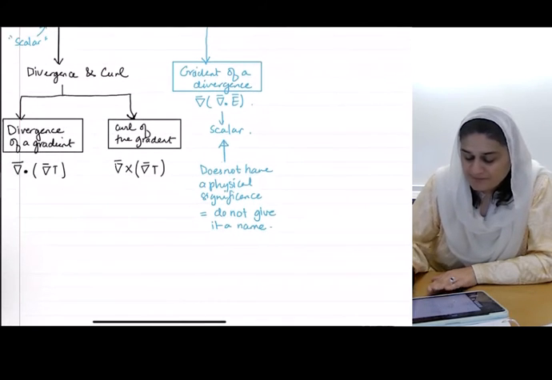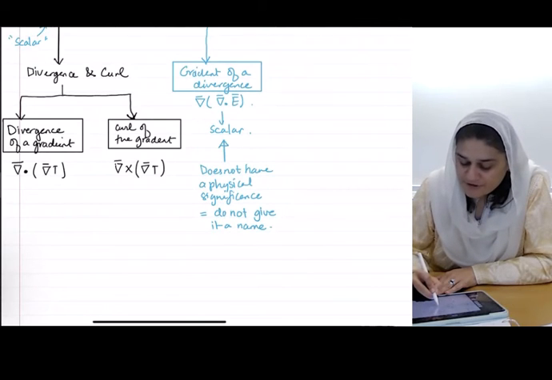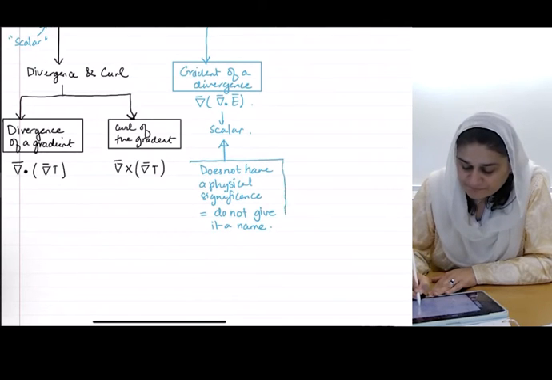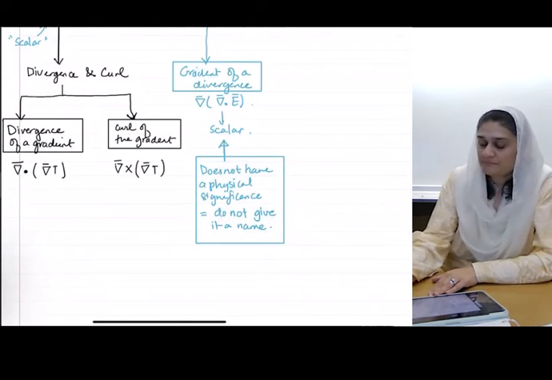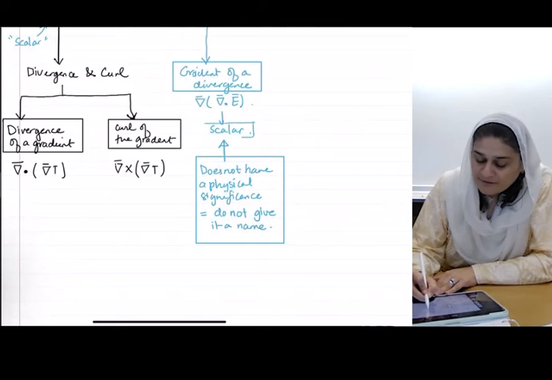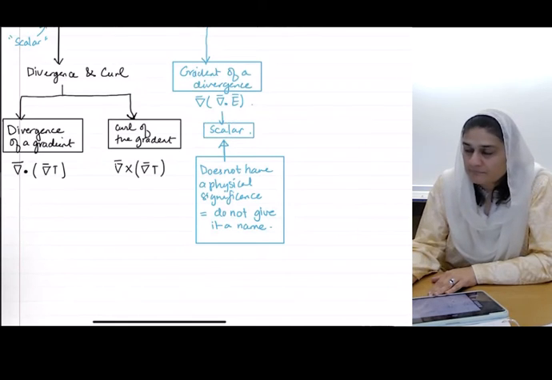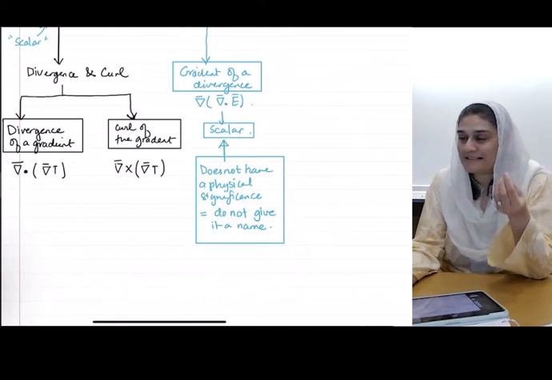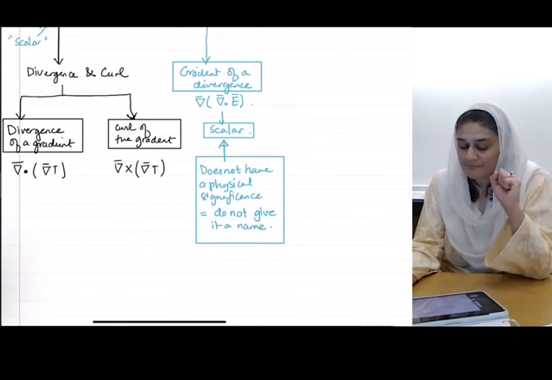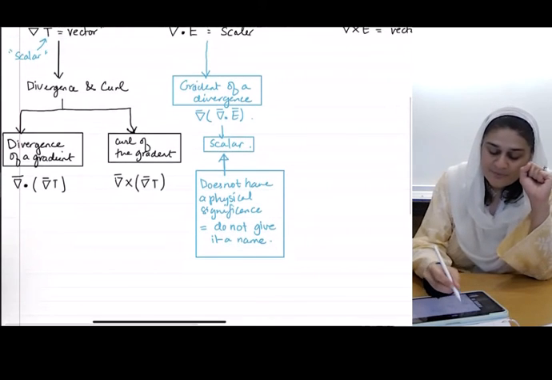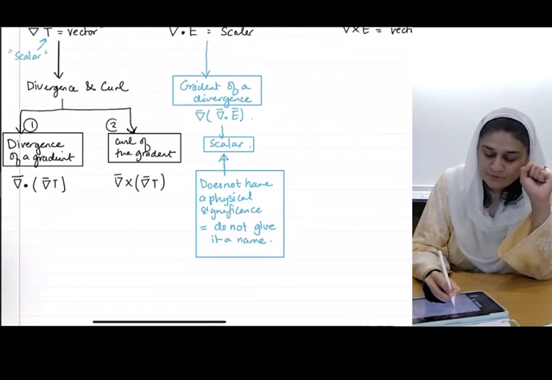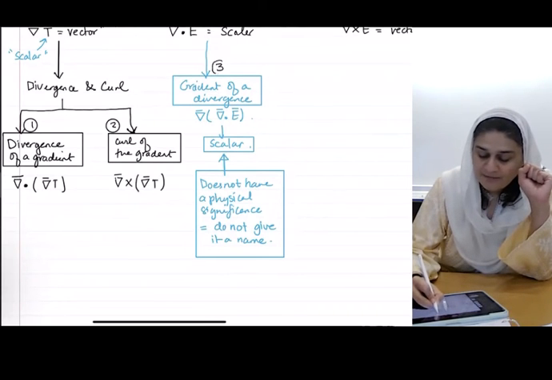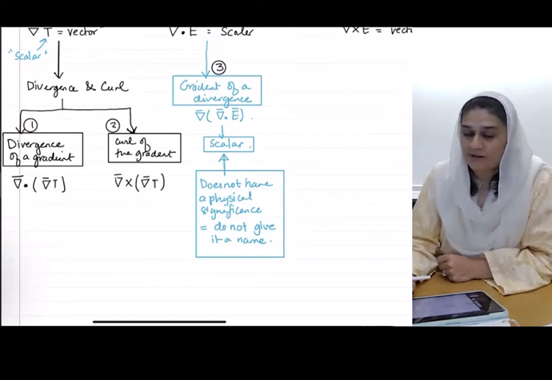They just call it a gradient of a divergence, and it's just a number that you get out of it. Because it doesn't have a physical significance, we don't necessarily do more stuff with this. Okay, let's call this one 1, this 2, and this 3. And I'm going to do the curl also.